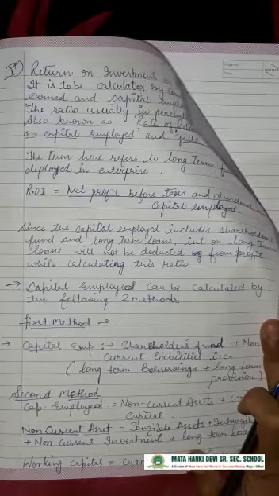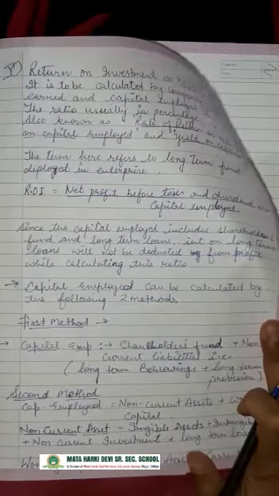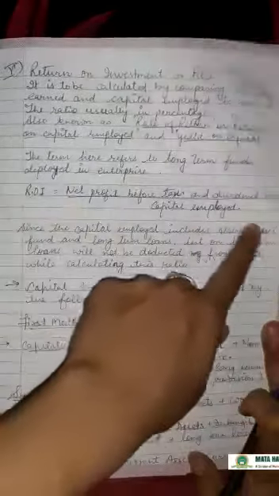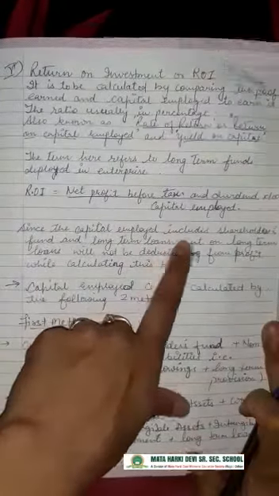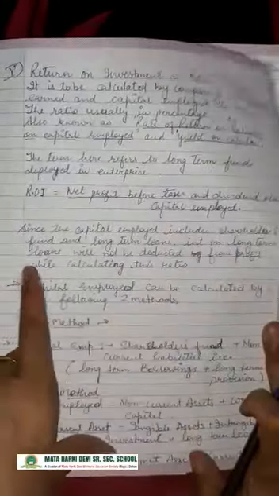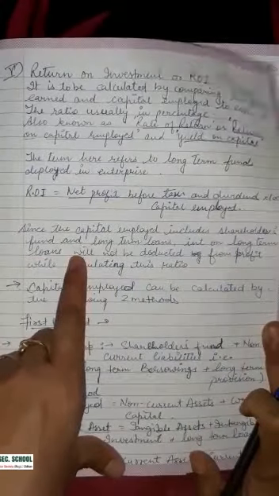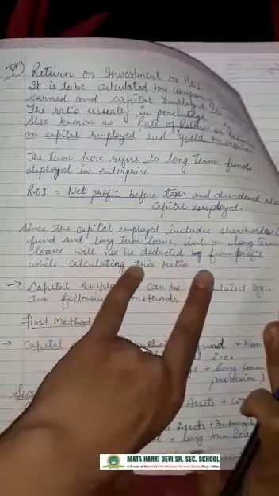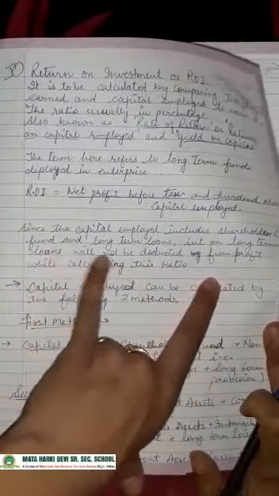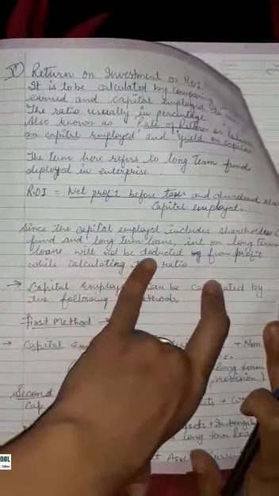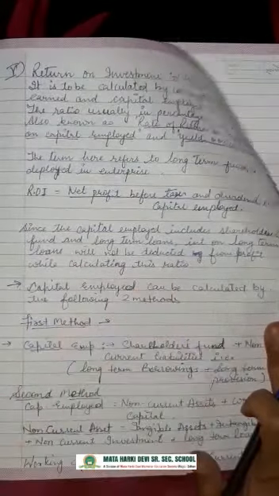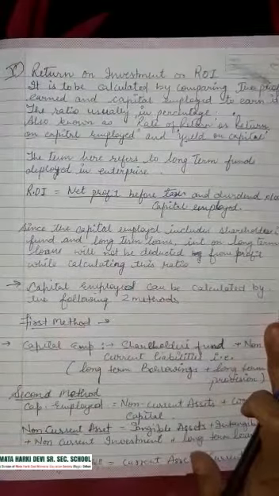Since the capital employed includes the shareholders fund and the long term loans, because in capital employed we add the shareholders fund and the long term loans also, interest on the long term loans will not be deducted from the profit while calculating this ratio. Now capital employed can be calculated by the following two methods.